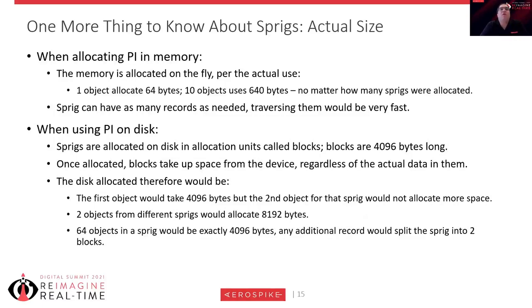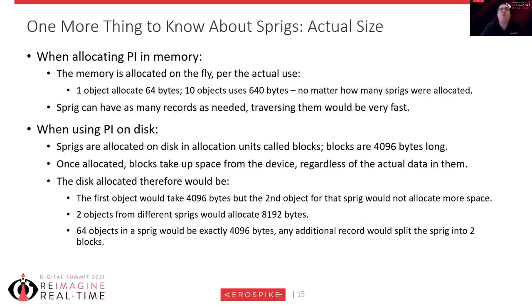But when we're using the primary index on disk, meaning all flash, the sprigs are allocated in disk allocations called blocks. Each block is defined by the operating system or the file system, and that will be 4K bytes long, regardless of how much data is in it. Meaning that if we have one object in a sprig, that sprig would take 4K bytes. If we have 2 objects in that sprig, it would still take 4K bytes.